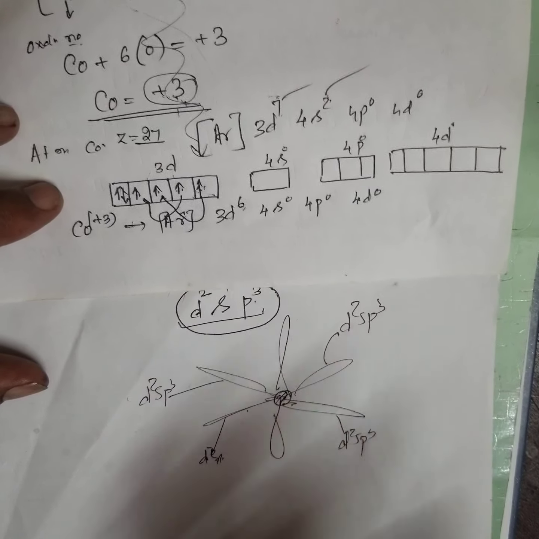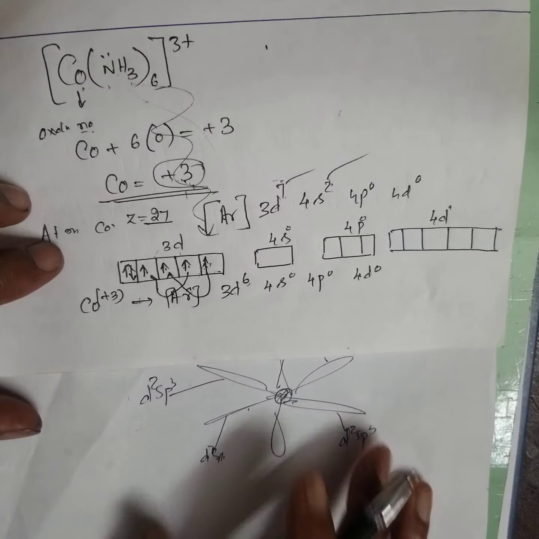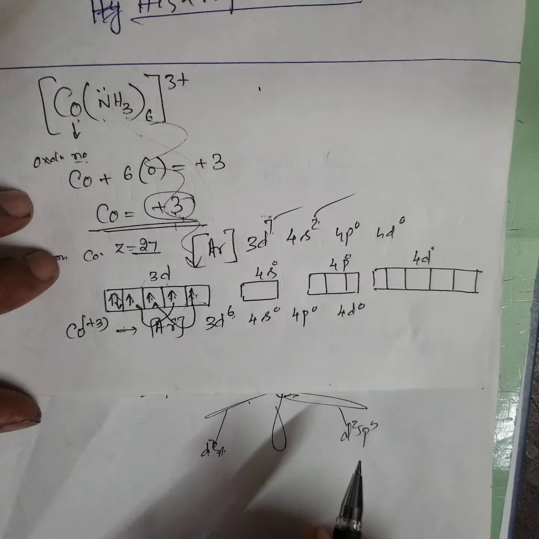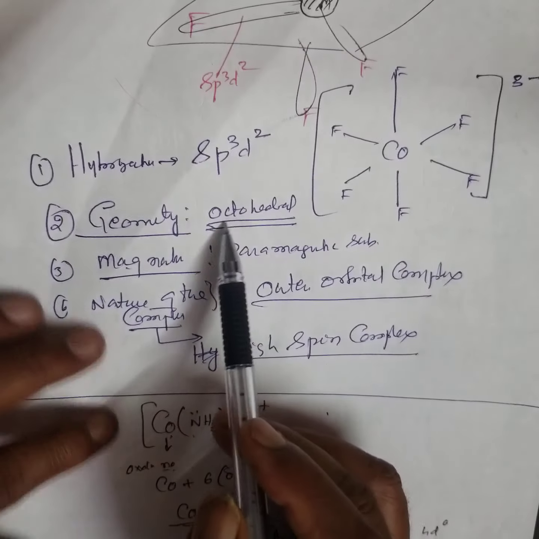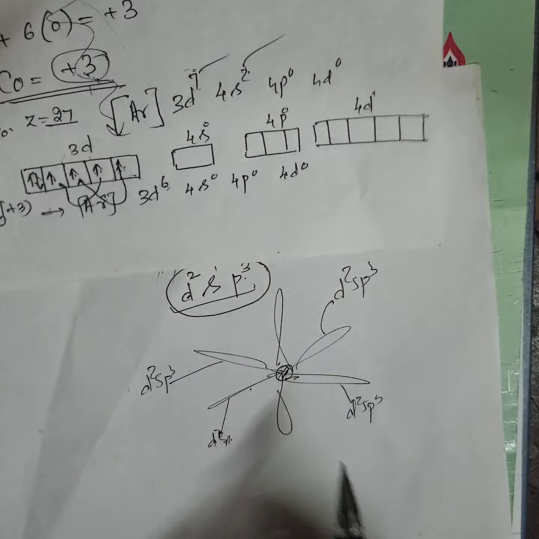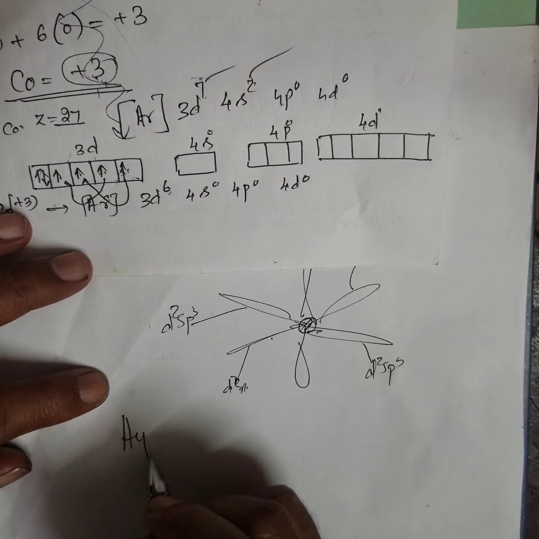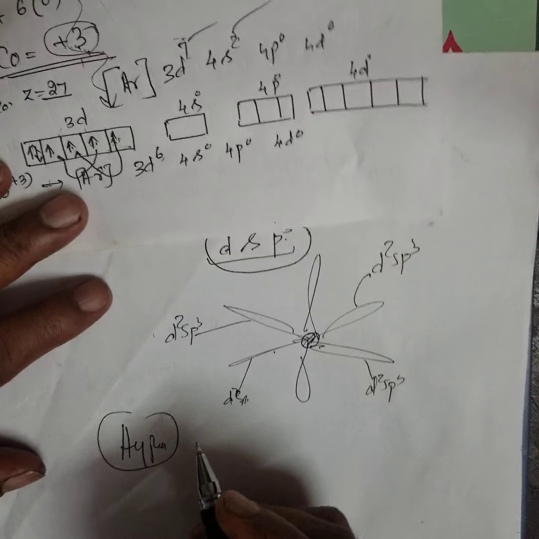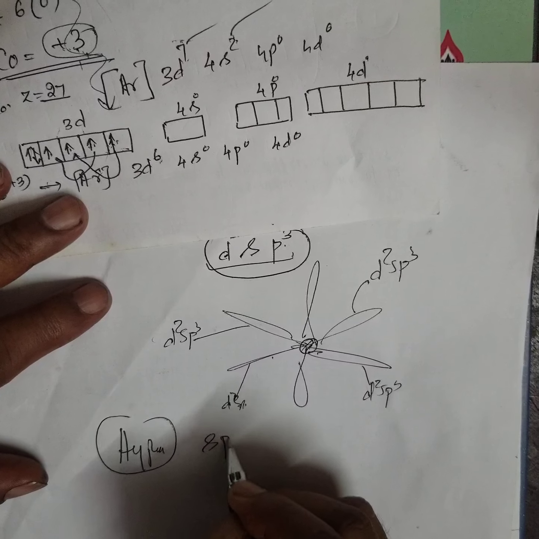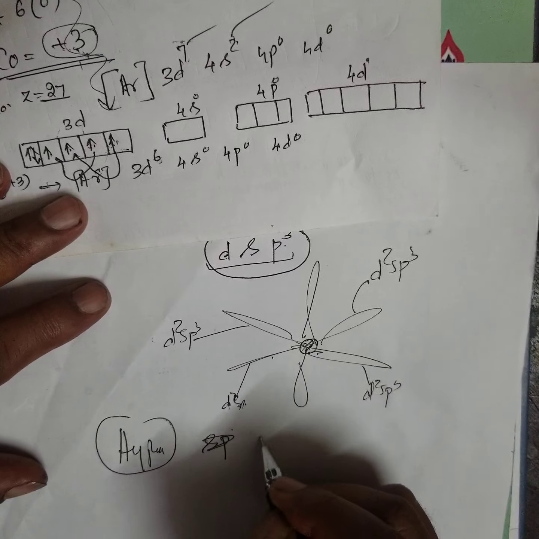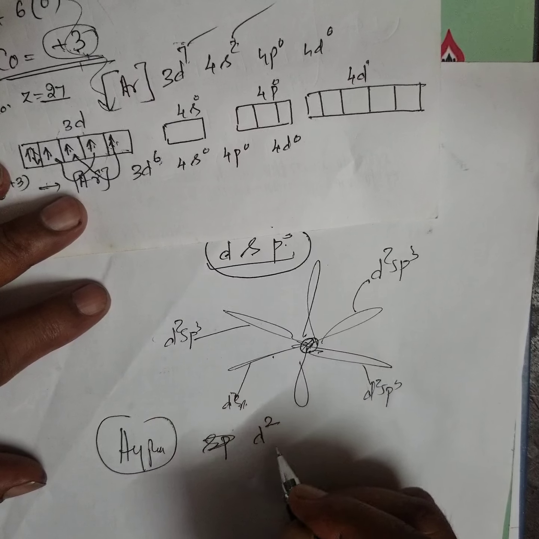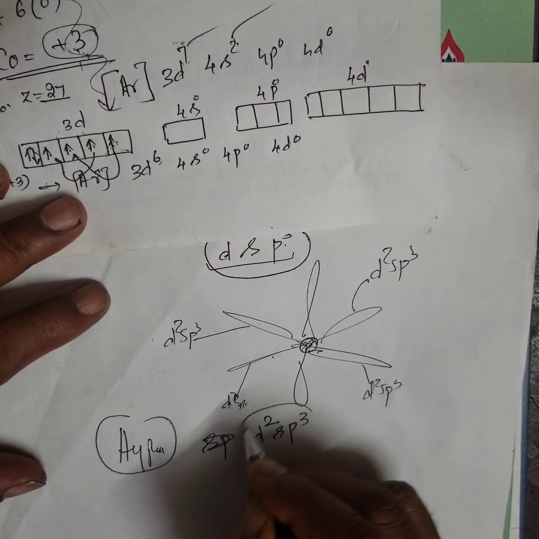Each one is oriented in what type of orientation? The geometry is octahedral. What is the hybridization in this case? d2sp3 hybridization.